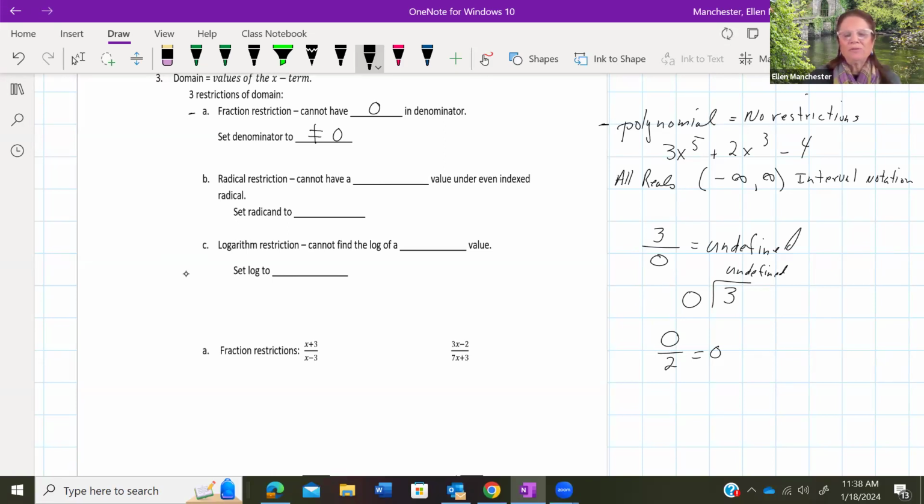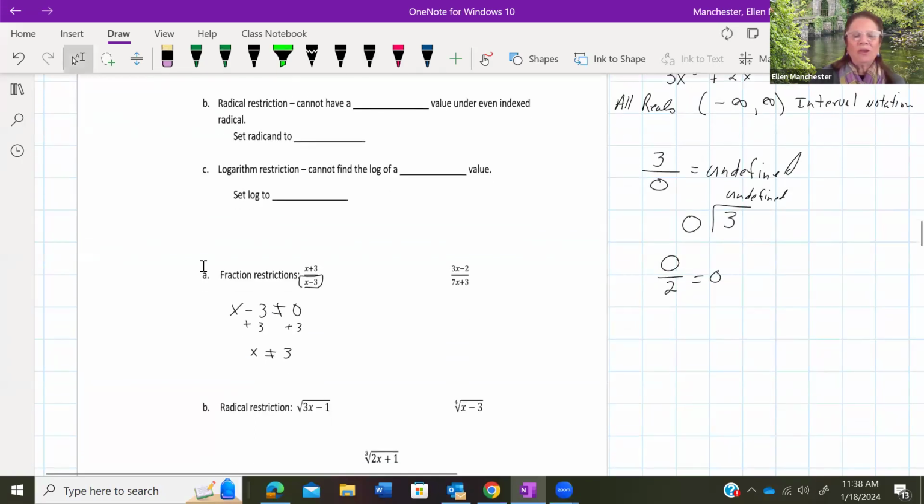An example of that is, here's my denominator. I'm going to set my denominator to not equal 0, and then I just solve it. I add 3 to both sides and I get X cannot be 3. Because if I plug 3 in here, 3 minus 3 gives me 0.